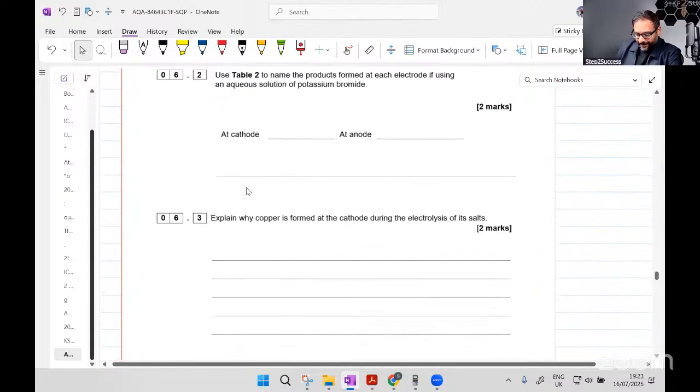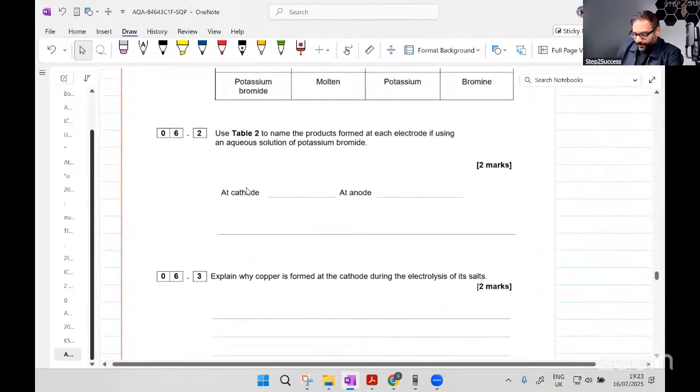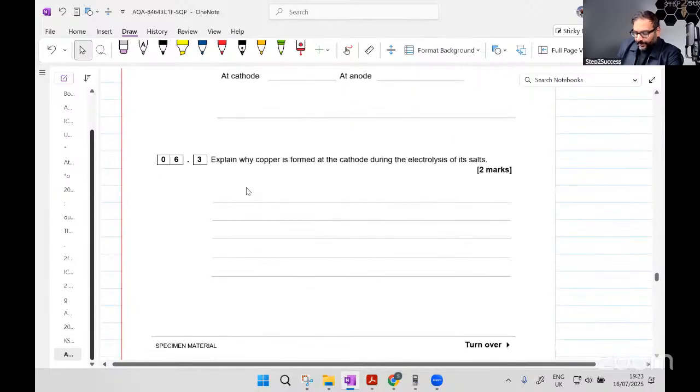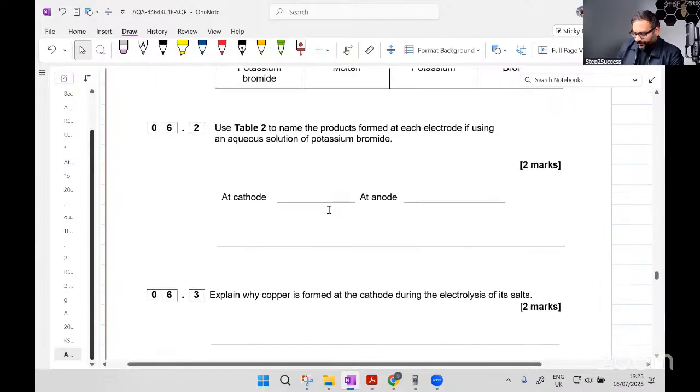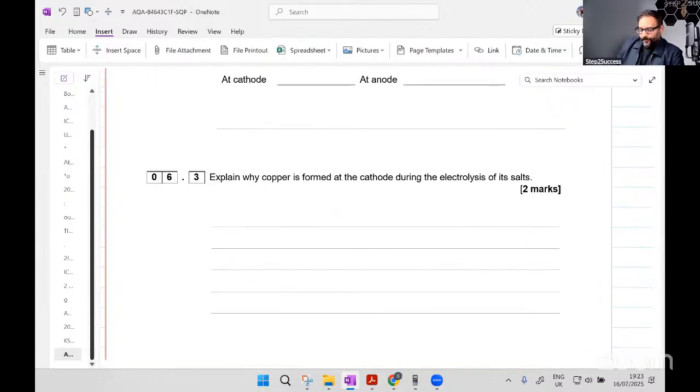You've also asked for 6.3, which is, this is quite a complicated question. Explain why copper is formed at the cathode during the electrolysis of its salts. Well, I'm going to simplify this part because you haven't done much electrolysis, I appreciate. But the cathode is a negatively charged electrode. Okay, and copper forms a positive ion, a Cu2+ ion.